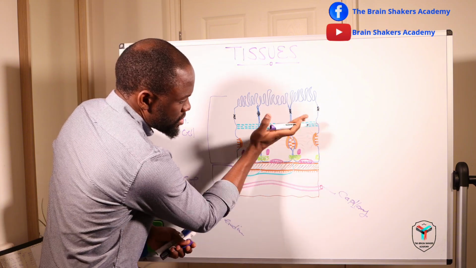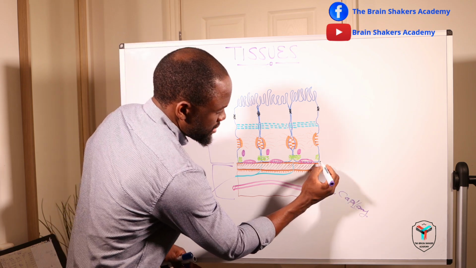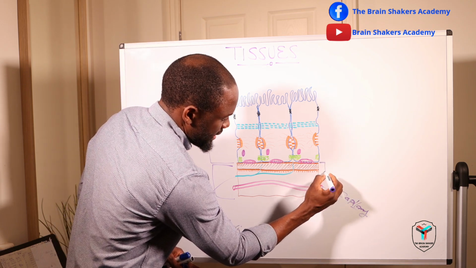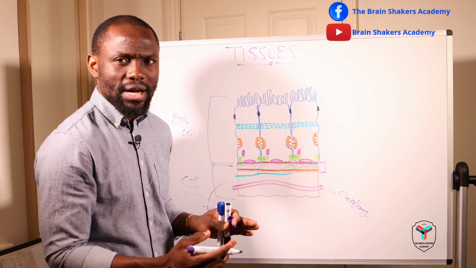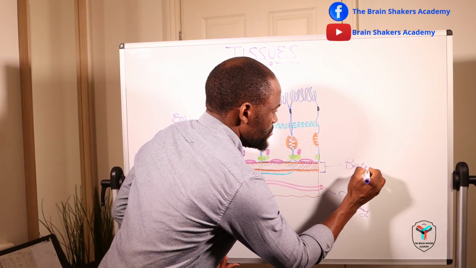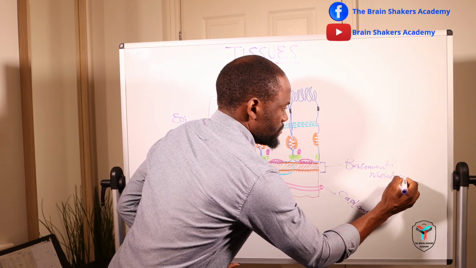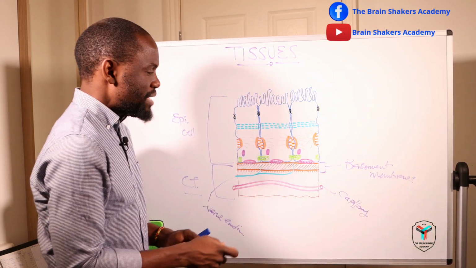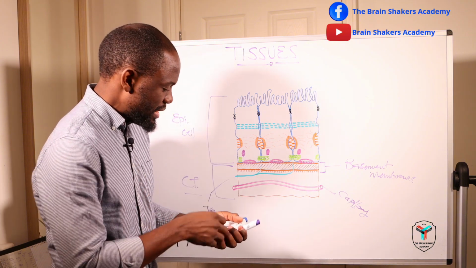Before we get to the cell, just on top of this lamina propria, you will notice this particular layer, which we refer to as the basement membrane. The basement membrane is an important structure because it houses 2 important layers.